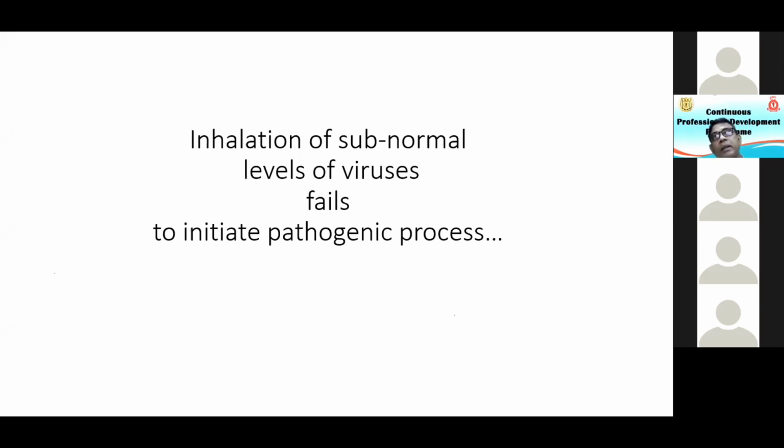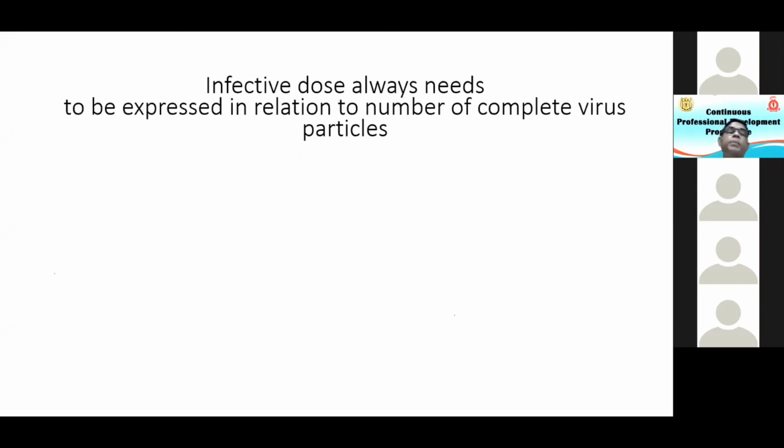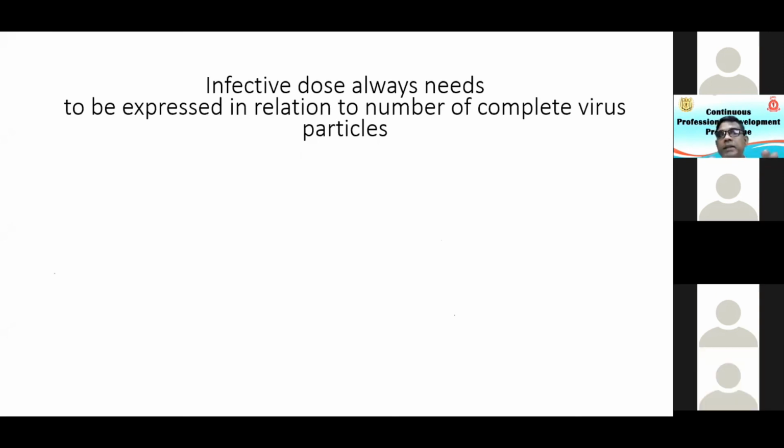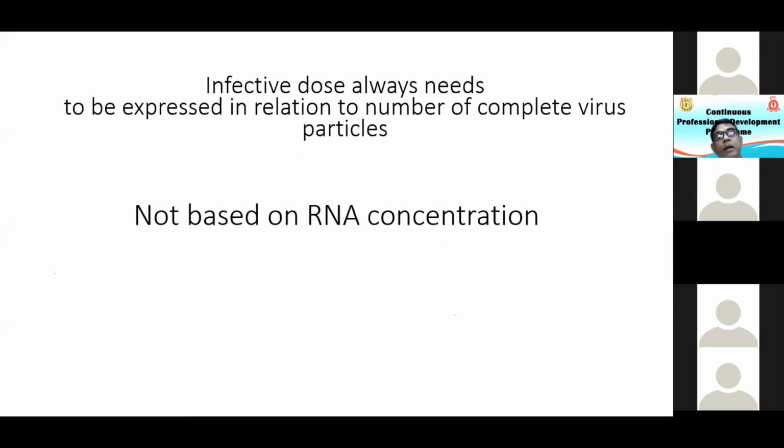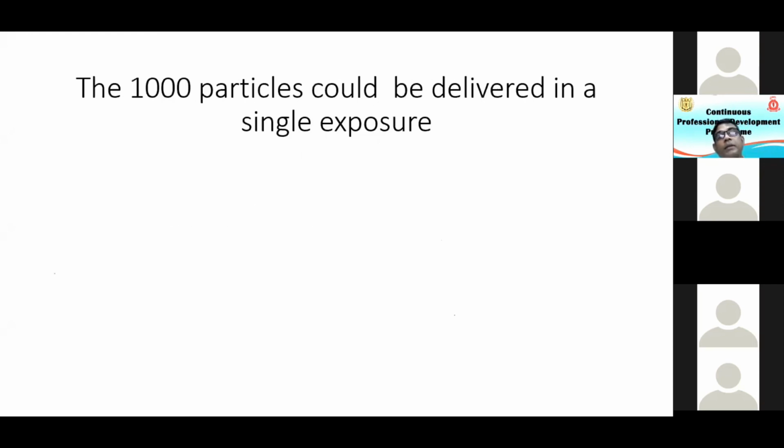So there has to be a threshold level of 1,000 viral particles. Infective dose always needs to be expressed in relation to the number of complete virus particles. It is not related to RNA levels in the sample. It's always the number of live viral particles. It is not based on RNA concentration.